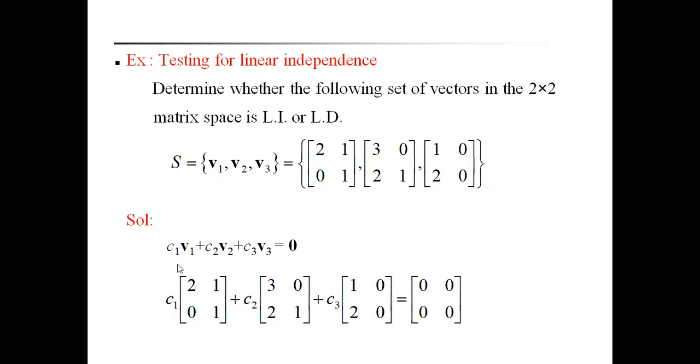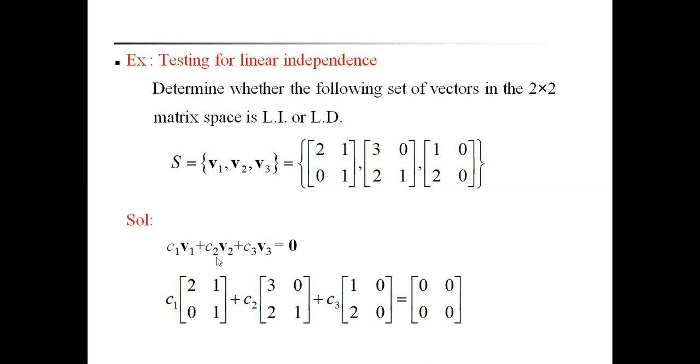So to verify whether the set of vectors is linearly independent or linearly dependent, first we have to write the linear combination equation of the vectors: C1 V1 plus C2 V2 plus C3 V3 equal to 0. So always you have to write the linear combination equation. Therefore, C1 into the first vector 2, 1, 0, 1 plus C2 into 3, 0, 2, 1, plus C3 into 1, 0, 2, 0.